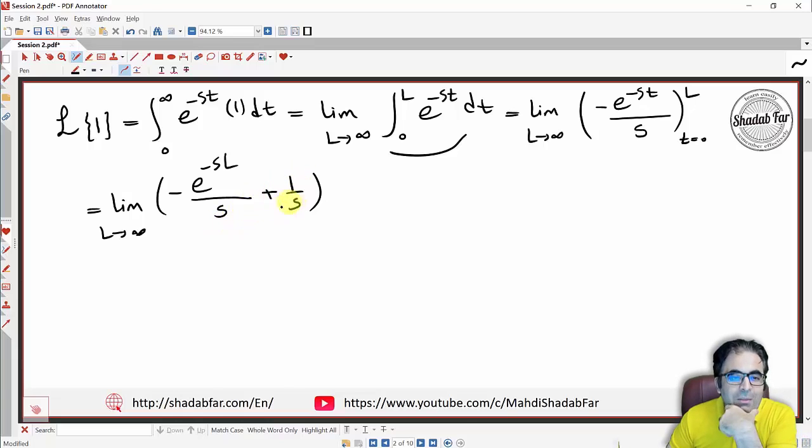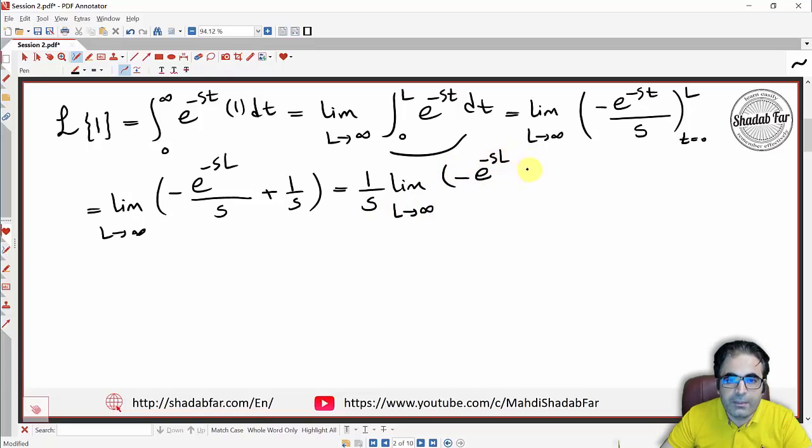So let me take out the 1 over s. The answer is going to be 1 over s, the limit as L approaches infinity of, sorry for that, exponential of minus sL. So I can take out minus 1 over s.